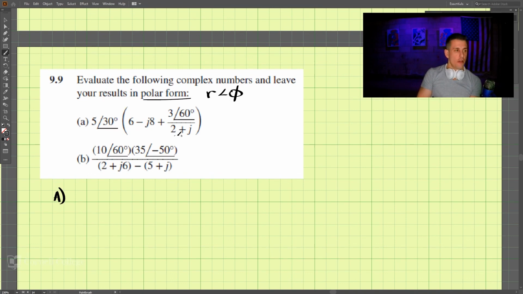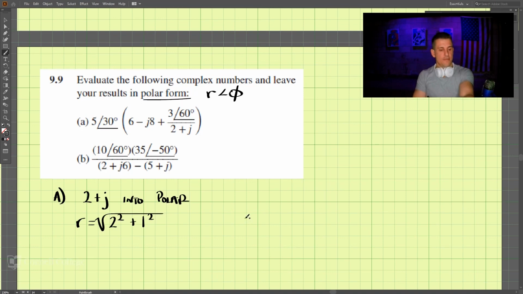To get started on this, we first need to work on transforming the 2 plus j into polar form. So to transform that, our radius is going to be equal to this here.